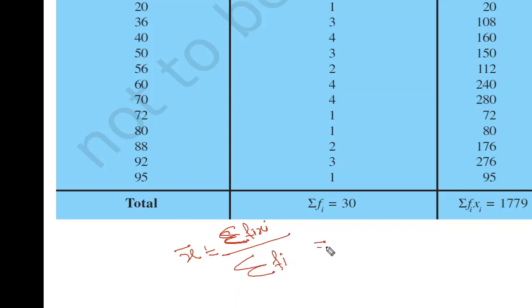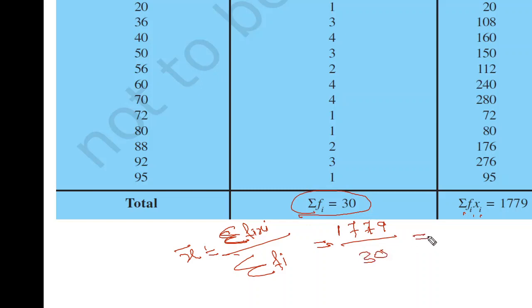Here you see, sigma Fi Xi you have found, it is equal to 1779. You can write 1779 divided by sigma Fi, which we have also found. That is equal to 30. Here you can put it.